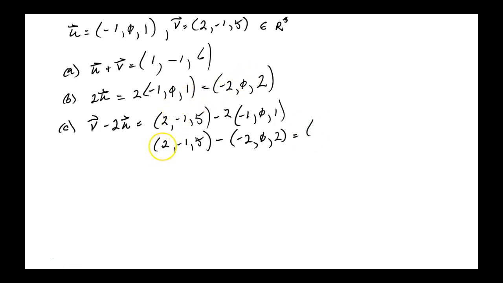And now, what would that give us? Are we multiplying u times v? No, all we're doing is subtracting these two vectors. This vector minus that vector. 2 minus -2 would be 4. -1 minus 0 is -1.